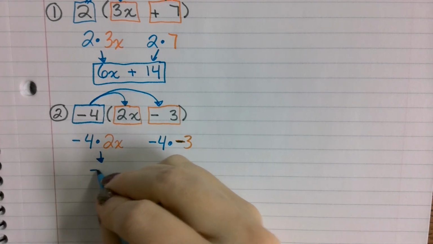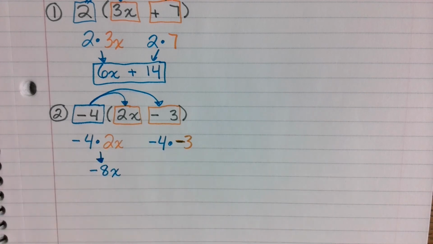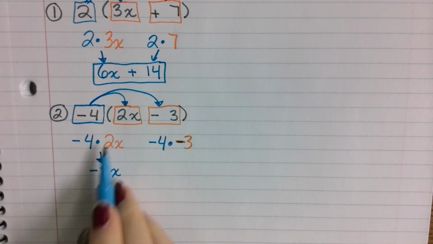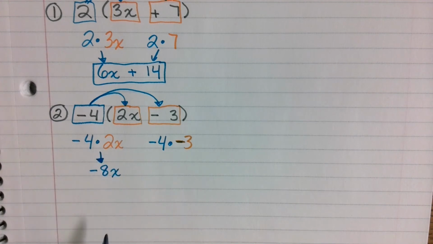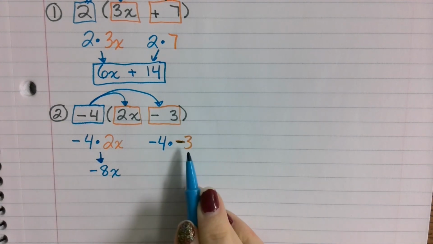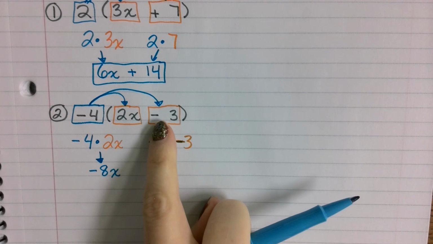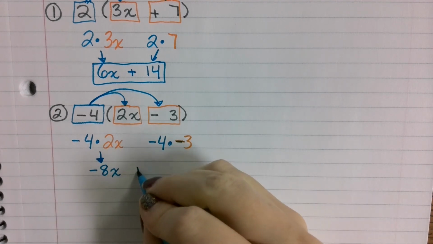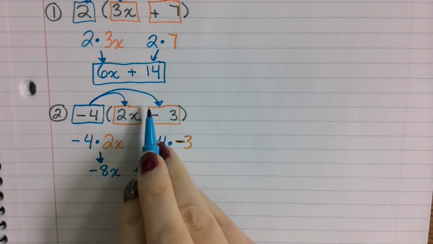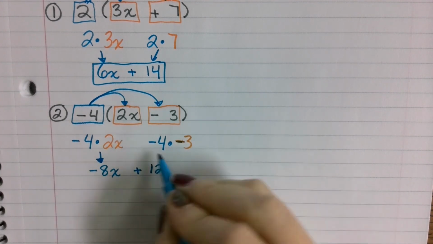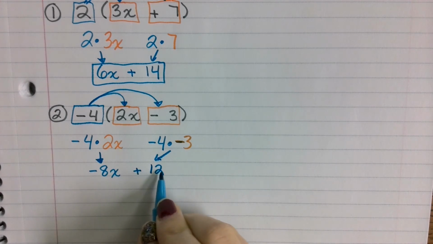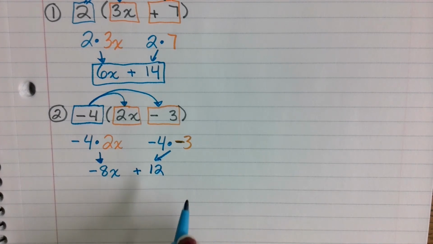Don't forget your variable. Negative 8x. Right? Negative 4 times 2 is negative 8. The x comes with it. What's negative 4 times negative 3? Use your calculators. Negative 4 times negative 3 is 12. Positive 12. So notice our operation was a negative. Now it's going to become a positive, a plus. Instead of subtraction, it becomes a plus because this comes out to a positive 12. So you have to put plus 12. You cannot keep that minus sign there anymore. Okay?